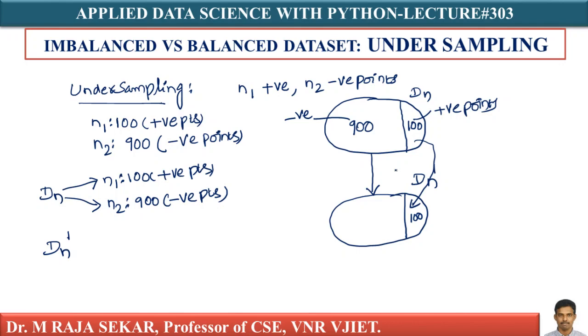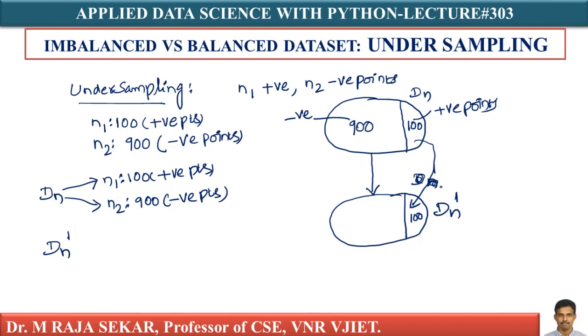Whichever has the fewer data points among them, I am copying that fewer set, meaning the set which has fewer points, into which data set? Into data set Dn dash.